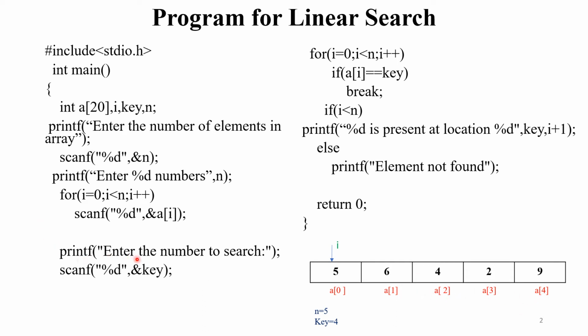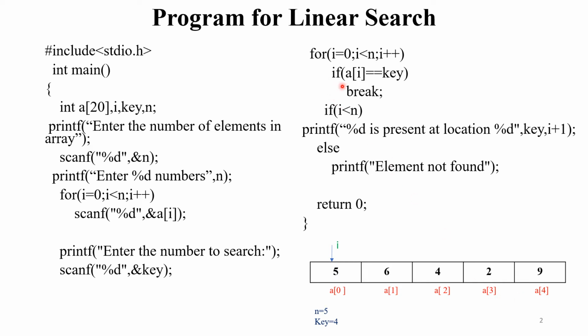Next is printf, enter the number to search. Scanf %d, address of key. So here we enter the value of key as 4. Now the for loop is i is equal to 0, i less than n, i plus plus. This means i starts from 0 and i less than n means, with n as 5, 0 to 4.